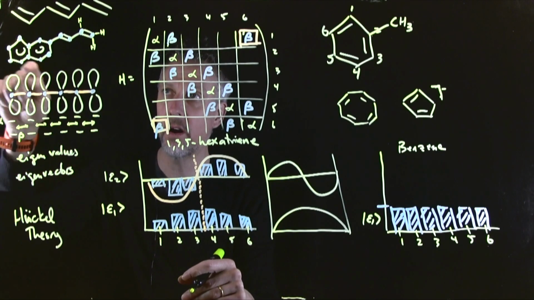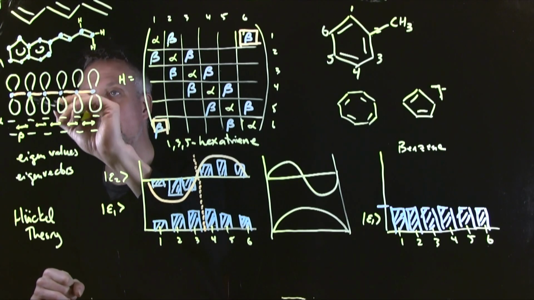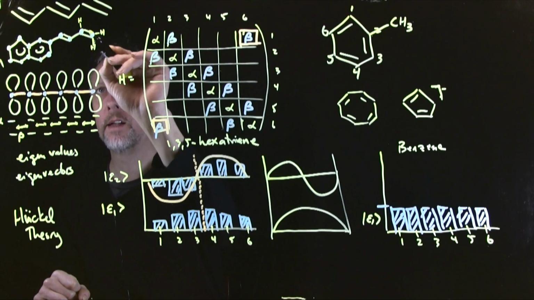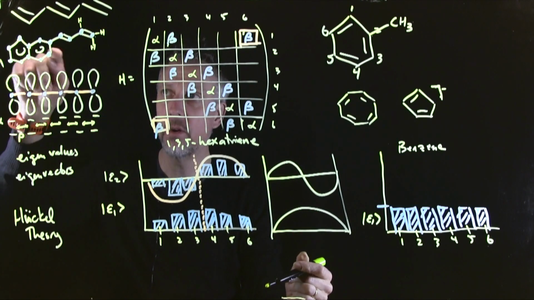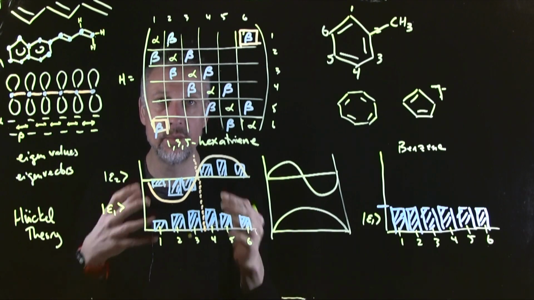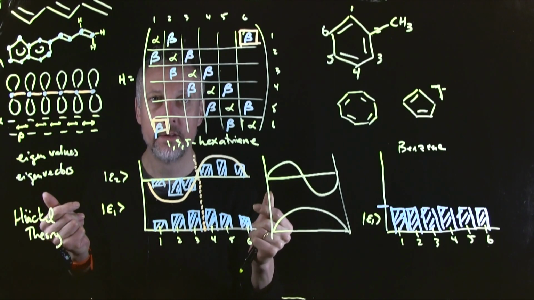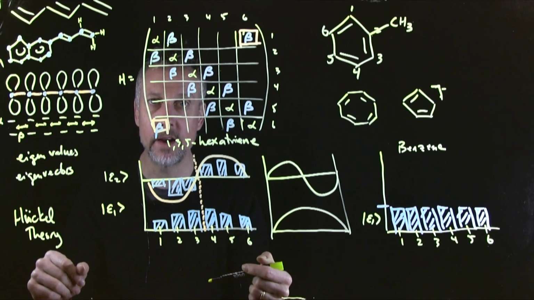You just number all the carbons, starting, for example, I have no idea what the official place to start is, so let's just start here. 1, 2, 3, 4, 5, 6, 7, 8, 9, 10, 11, 12, 13, 14. You make a 14 by 14 matrix. You find all the places where they're connected by conjugation, put a beta there, put alphas on the diagonals, put 0 everywhere else, flip the switch on your MATLAB, and get out the eigenvectors and eigenvalues of this.